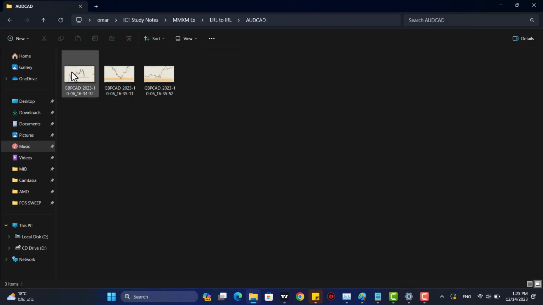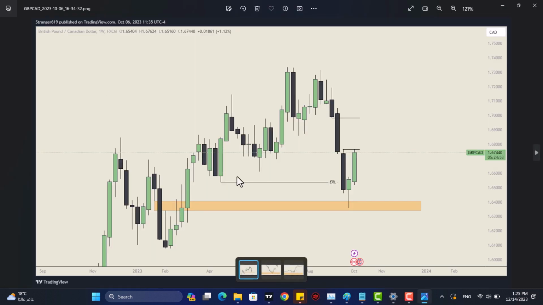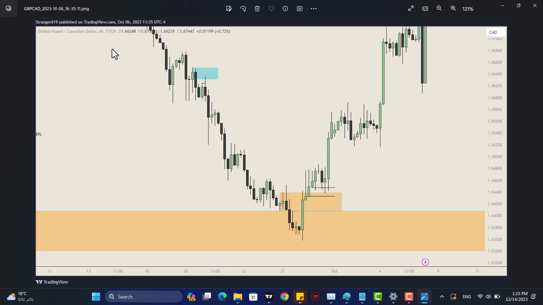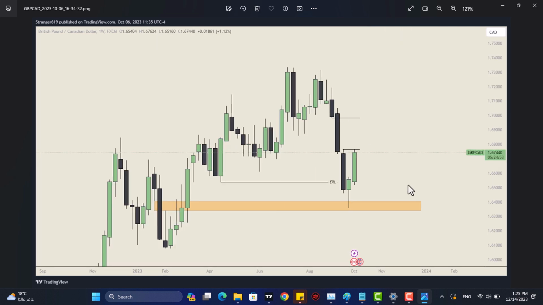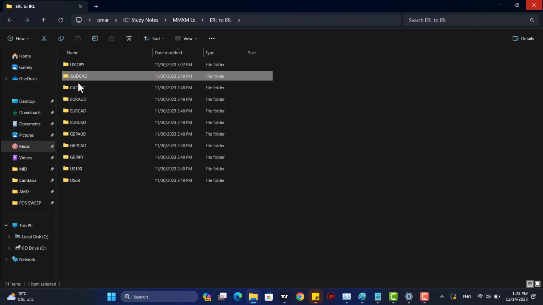Let's start with this one. So as you can see, price took this external range liquidity, and after that retraced to this internal range liquidity. This is on the weekly time frame. So on the 4 hour and 15 minute, you will find plenty of opportunities to take this retracement to here. Go to another example.